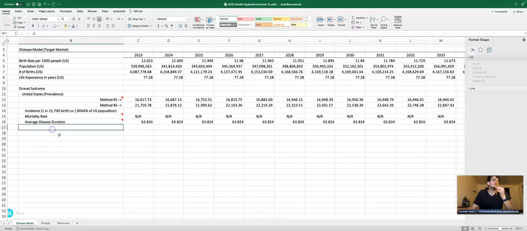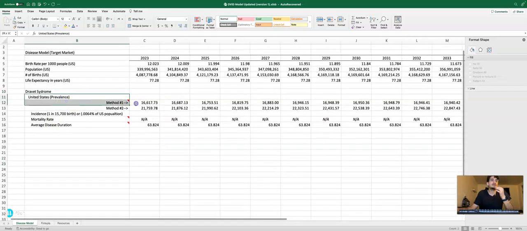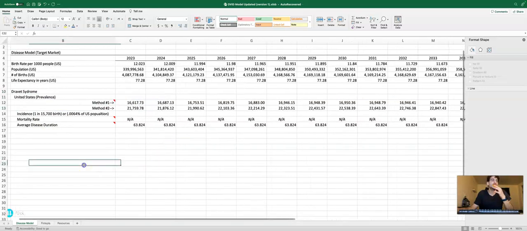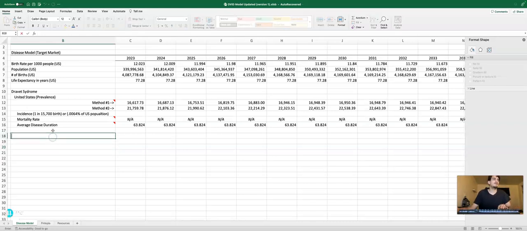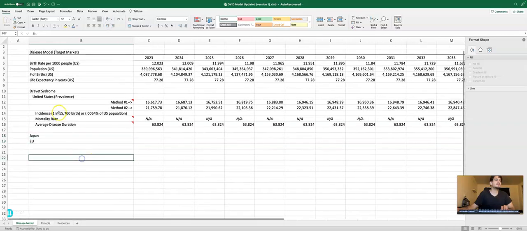Okay, so since we did that for Dravet syndrome, and this is pretty much the United States, which is what really matters. Okay, let me do this real quick for Japan, and then EU. So let me go like that, and then like that again, right?